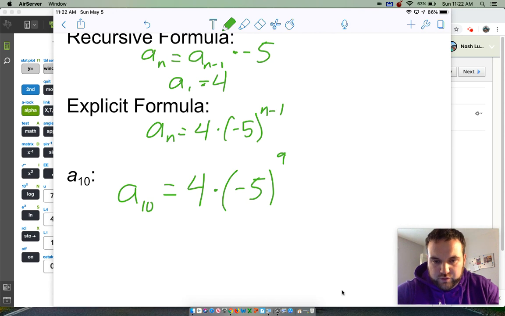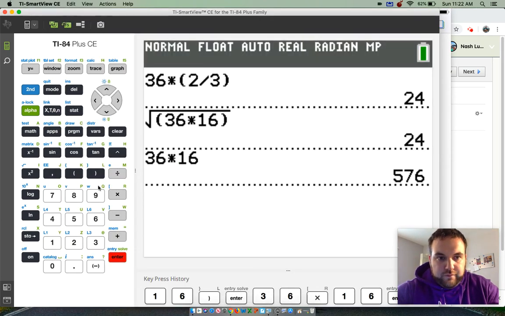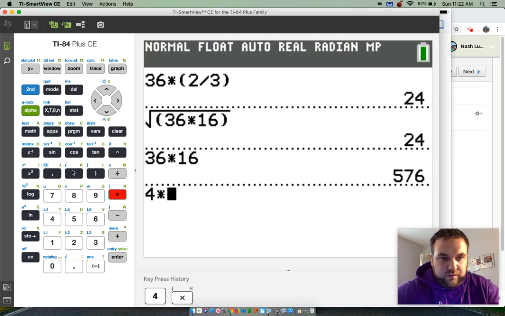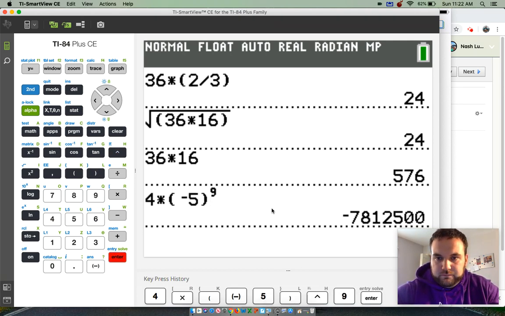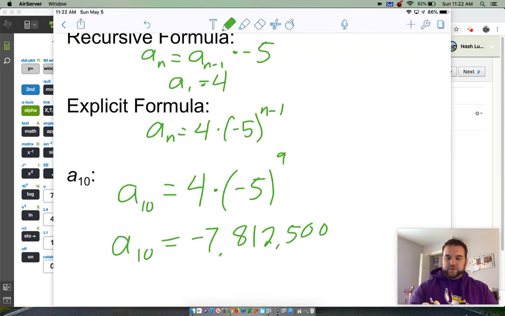This is going to be a large number. 4 times, now you do have to put negative 5 in parentheses. So a sub 10 equals negative 7,812,500. Okay. So there's our 10th term of that sequence.